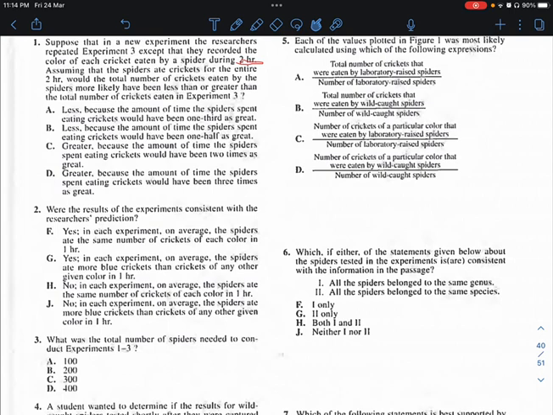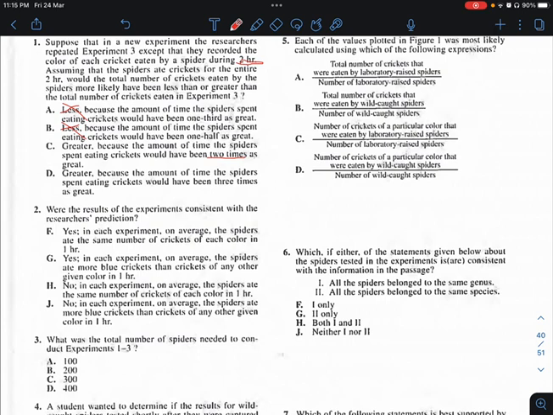So here, in the choices A, B, C, and D, we're gonna skip anything that says less. So A says less, we're gonna skip it, and B says less, so we're gonna ignore it. So we have C and D saying greater. Let's read C and D. C says greater because the amount of time the spider spent eating crickets would have been 2 times as great.